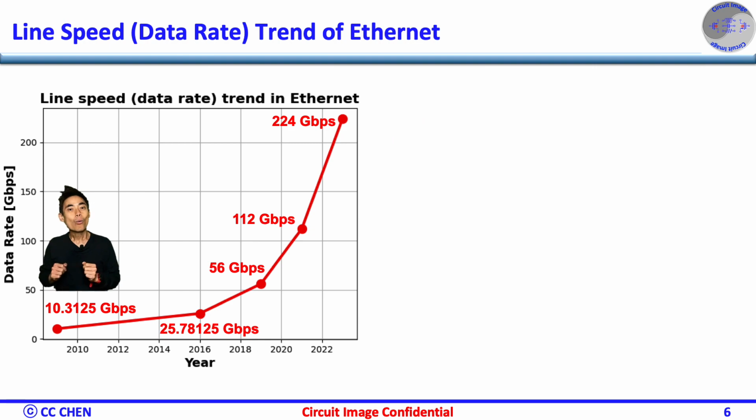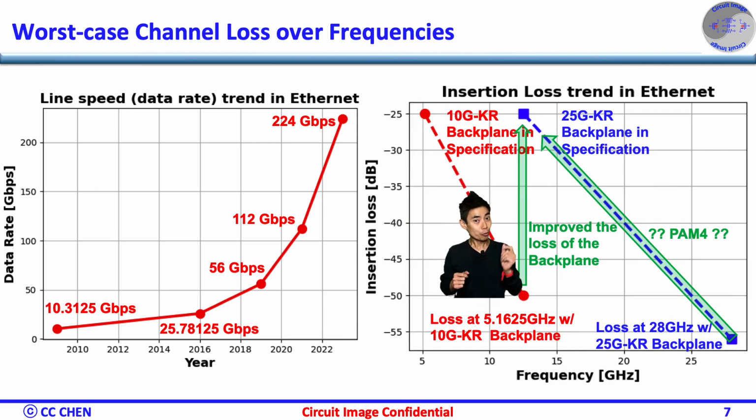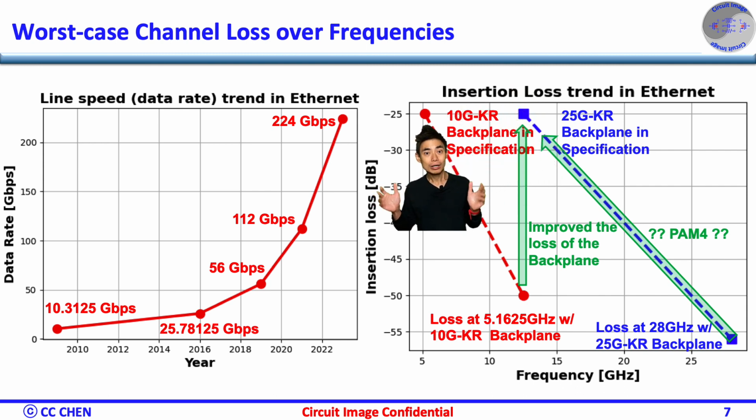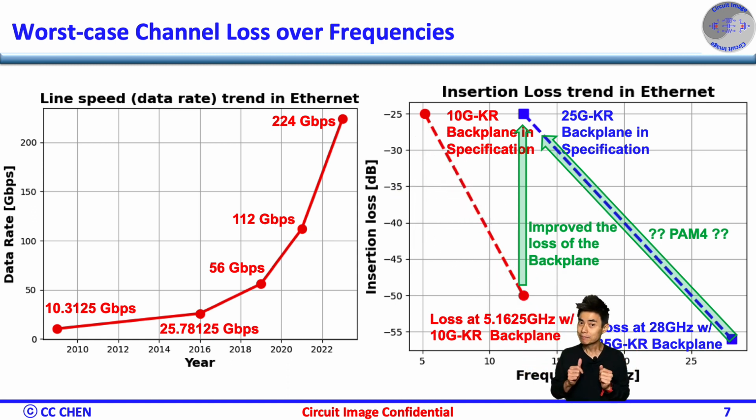Let's map what the loss is according to the line rate here. As you can see, the worst case channel loss defined by 10G Ethernet is 25 dB ball-to-ball loss at a 5.15625 GHz Nyquist rate of 10.3125 gigabit per second, and the total budget could still be 30 dB if we keep the same PCB material loss per inch and backplane length.